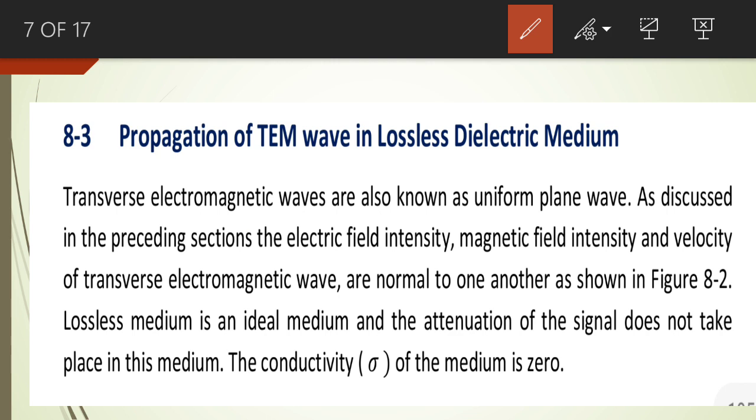Light is an electromagnetic wave. We know that light is an electromagnetic wave. So basically, in this particular topic, we study the propagation of the light wave in a lossless dielectric medium.